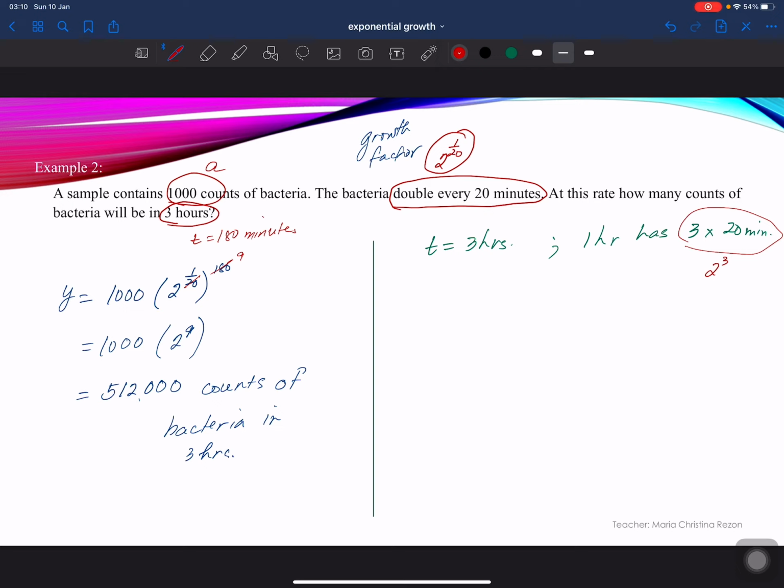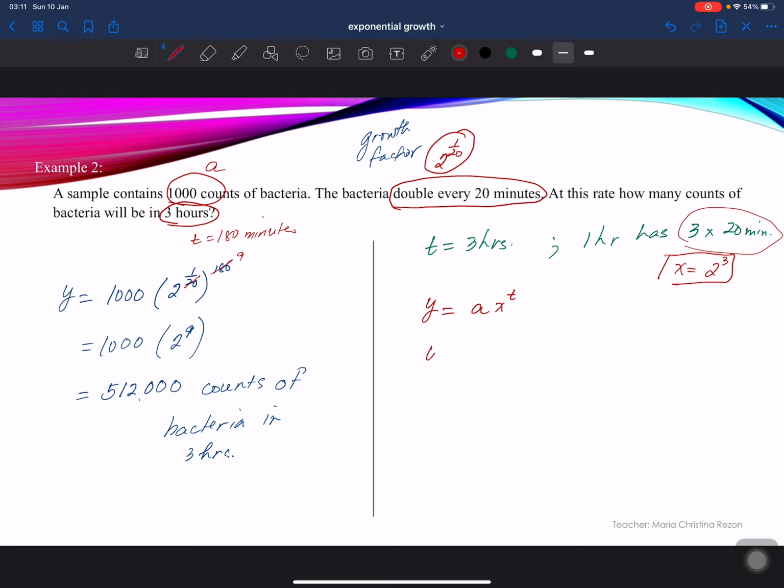So let's go back to our equation. You can have y is equal to a times x to the t, where your x is your growth factor, which is 2 cubed.